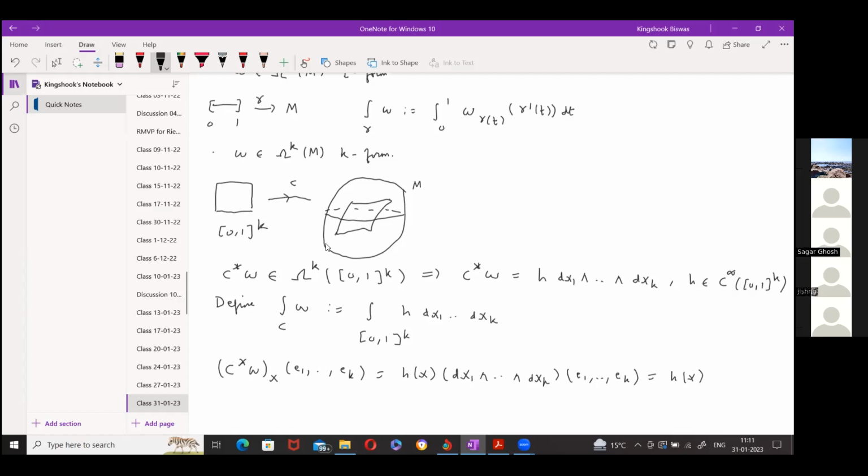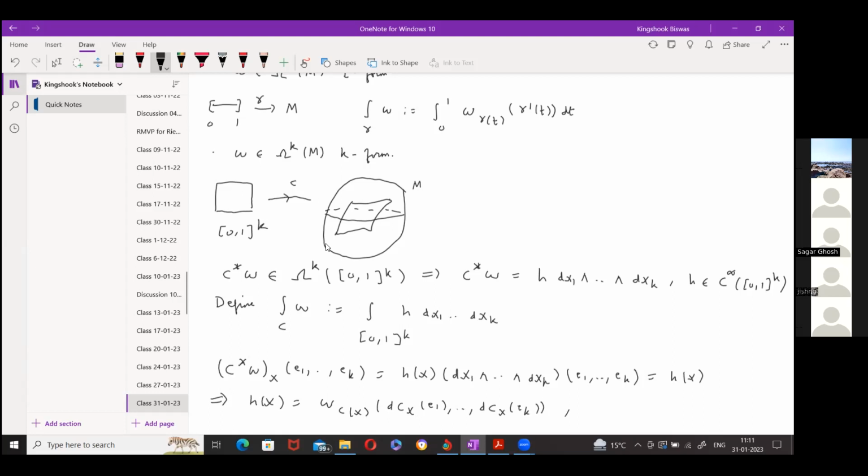So h of x is equal to c star omega applied to E1 to Ek. And that, by definition of the pullback, is equal to omega at the point c of x applied to the derivative dc at x applied to E1 to Ek.